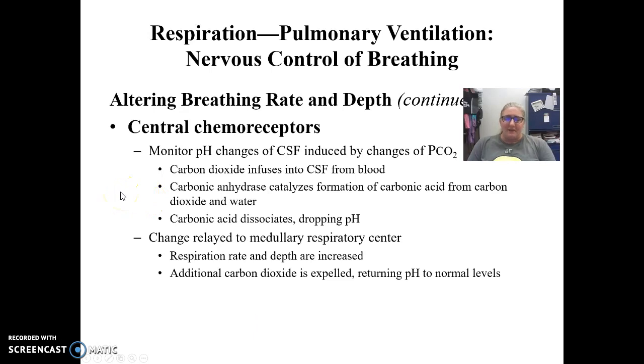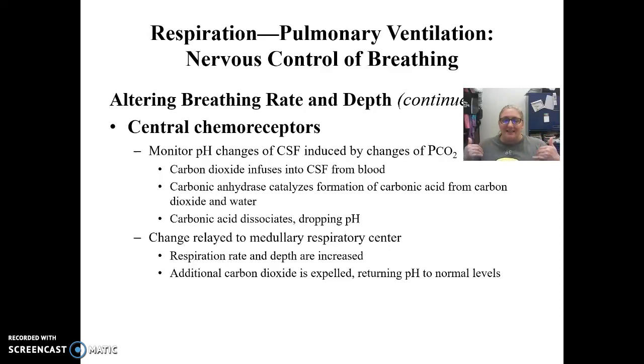We have two types of chemoreceptors, central and peripheral. Central chemoreceptors are found within the CNS, and they help to monitor the pH of our cerebrospinal fluid. The pH is changed by the amount of carbon dioxide in our system. Carbon dioxide produces an acidic pH.